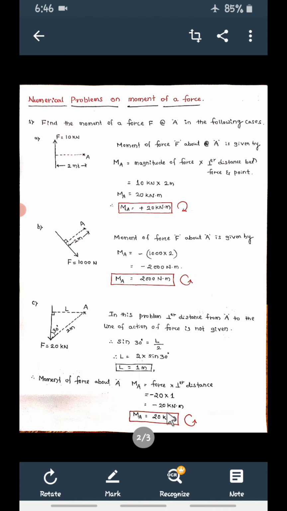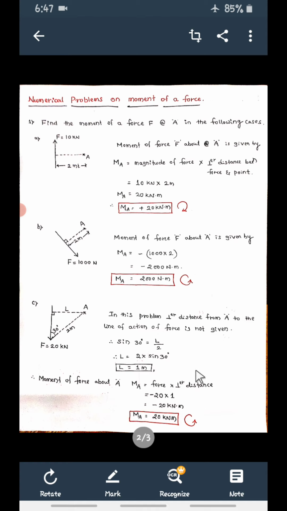So that is minus 20 kilonewton meter. So remove the minus sign. So MA, moment about A, is equal to 20 kilonewton meter. Force is kilonewton, distance is meter, so the unit is kilonewton meter, and this minus sign indicates it is anti-clockwise rotation. So remove the minus sign, show this is anti-clockwise rotation.